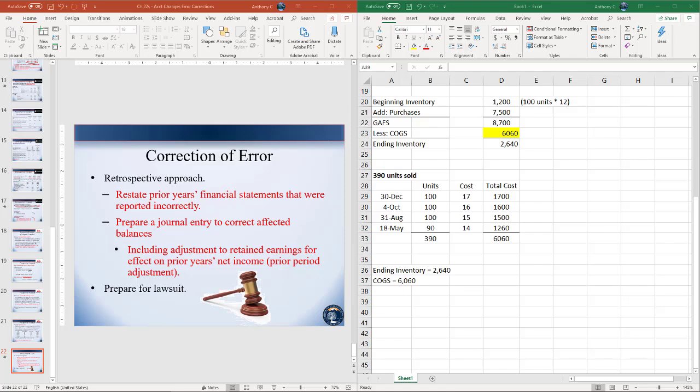Again, since the temporary accounts would have been closed out into retained earnings, the company will also have to go back and report an adjustment to its retained earnings for prior errors. Again, as I mentioned, we're not going to go into detail on this, so you just need to know you go back for errors, you make a retrospective adjustment, so you restate prior year's financial statements, and then you provide a corrected retained earnings statement.